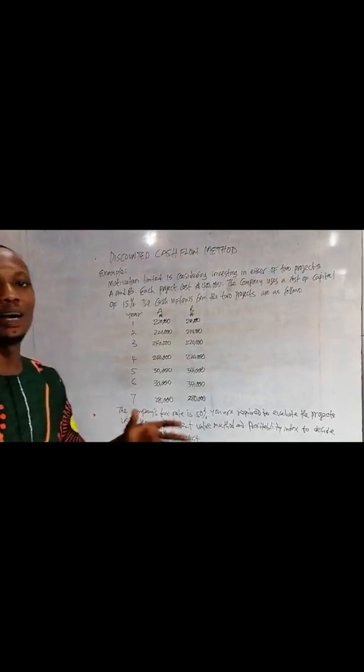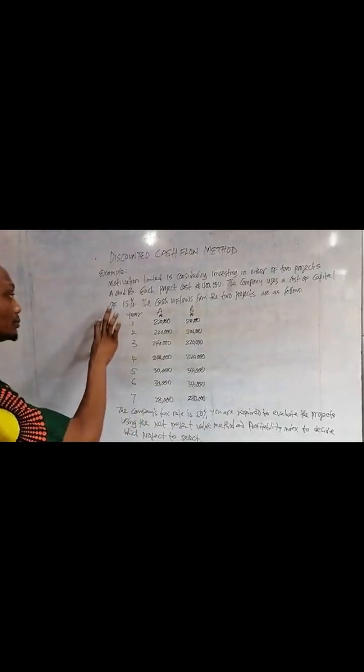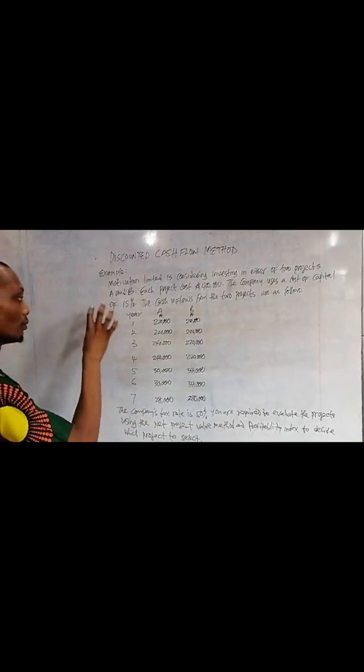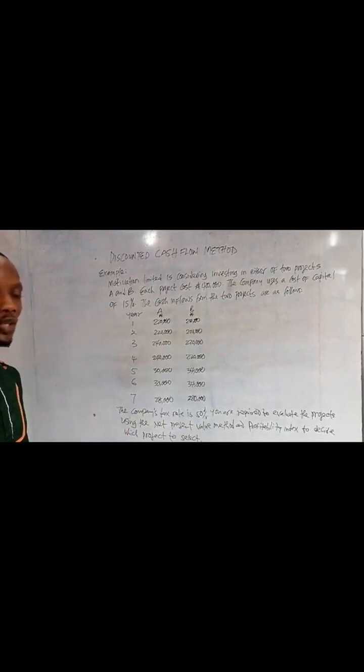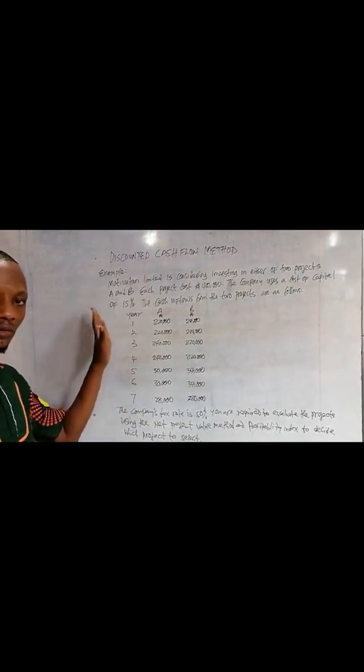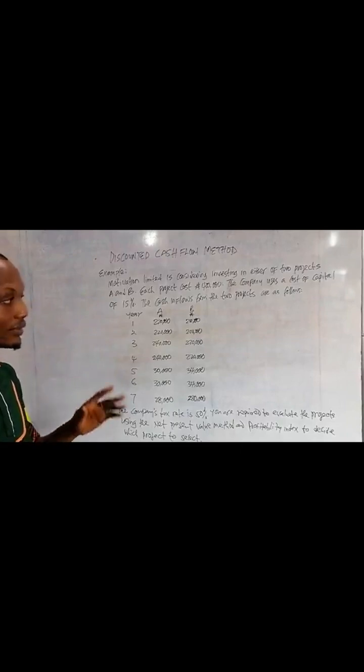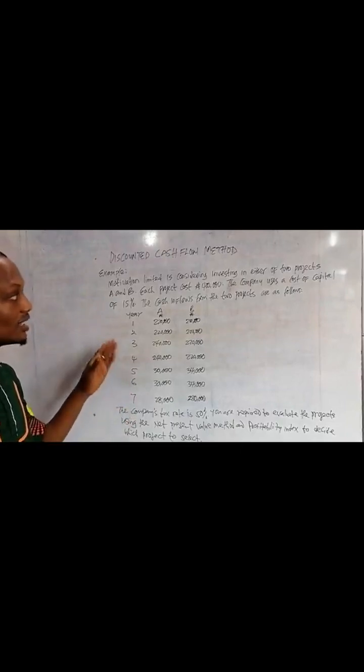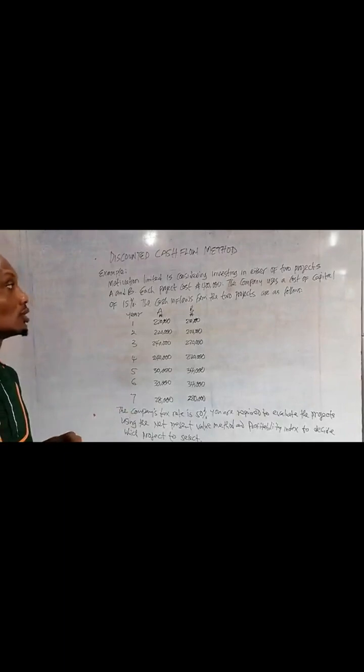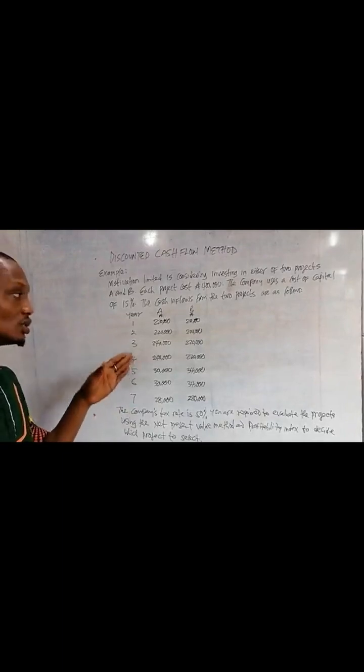So it is after the appraisal that we are now going to base our decision using the decision rules which I gave in the last video when I was talking about profitability index.